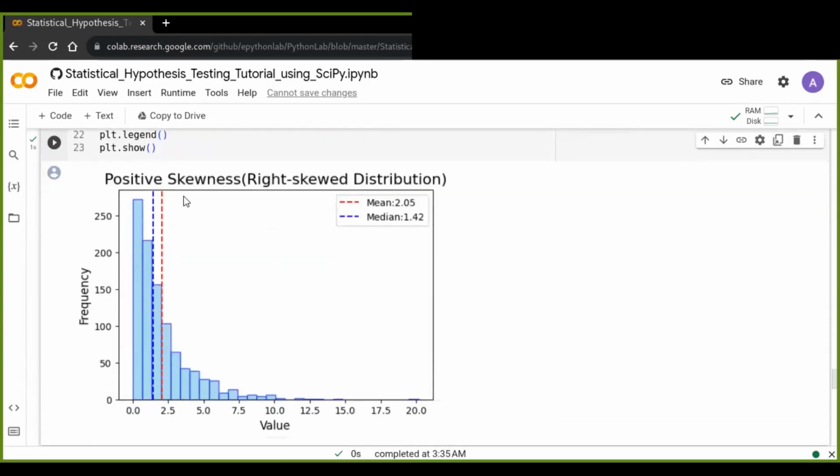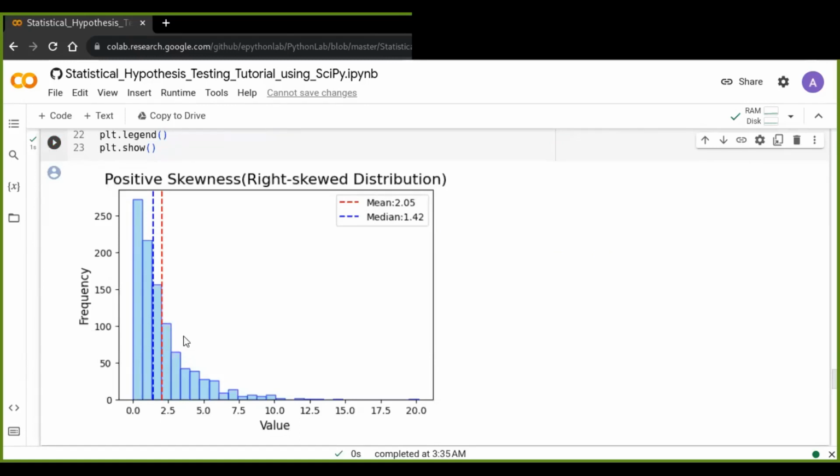Okay, this is the positive skewness, right-skewed distribution. As you can see, the mean is the red dashed line, and the median is the blue line.